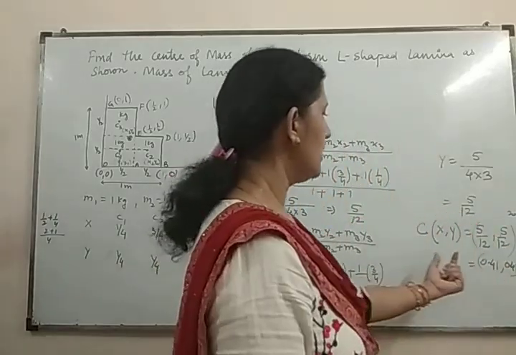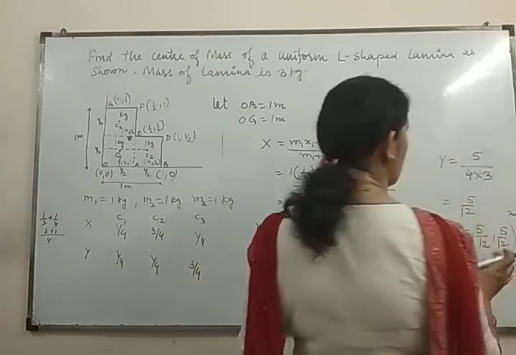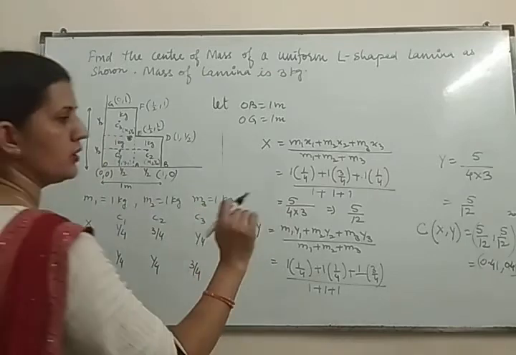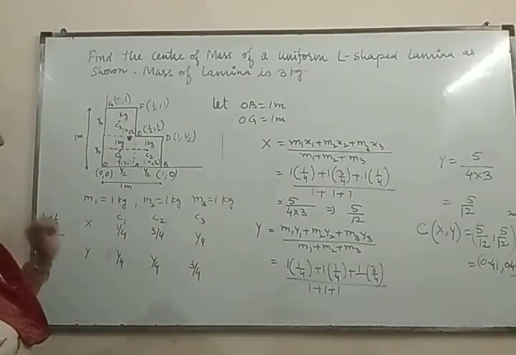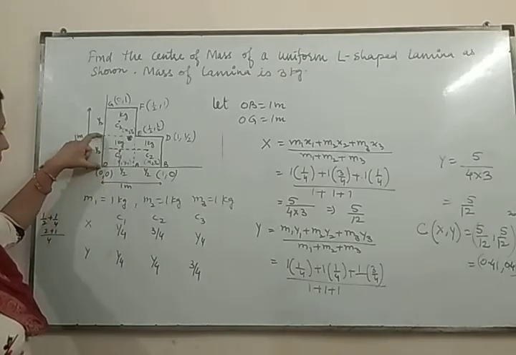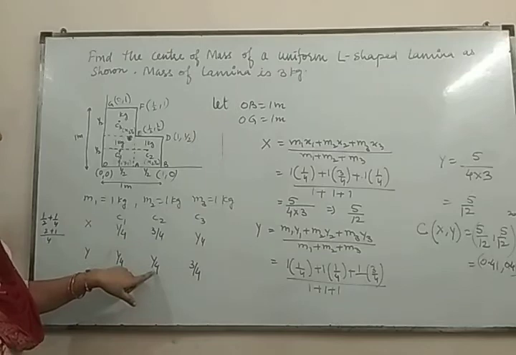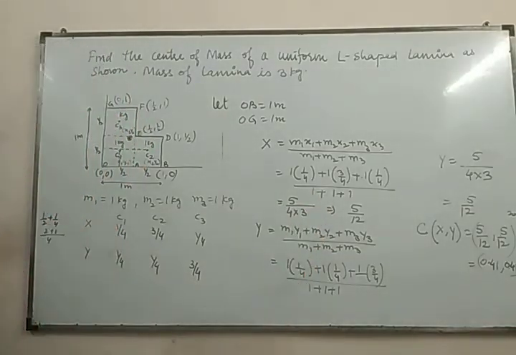How did I get the idea that some error is there? Because for a regular shaped body, both coordinates should almost be the same. That's why I got the idea there should be some error. Half of this value is 1 by 4, so the y coordinate was wrong here. You can correct it. Note down all these steps.